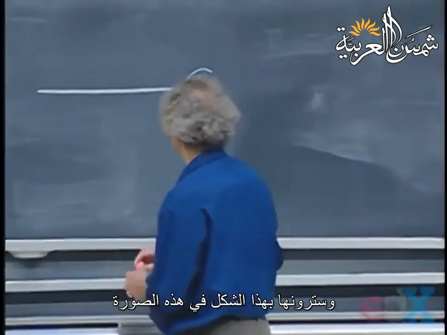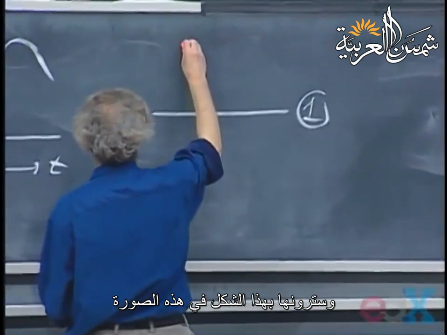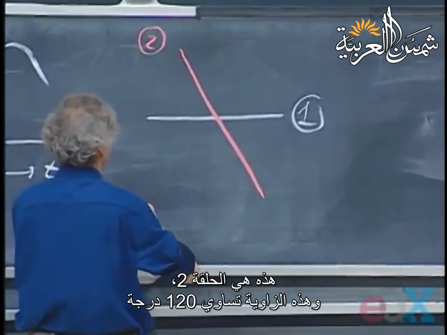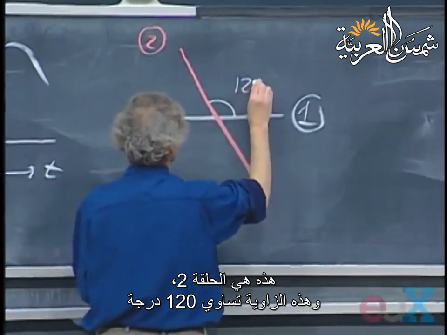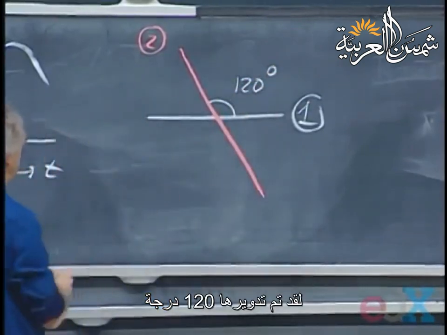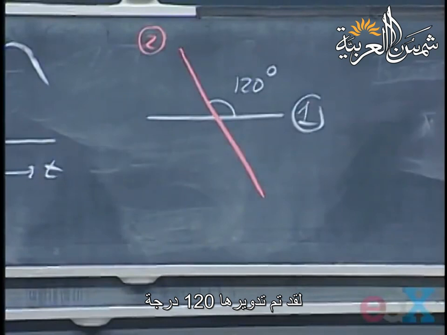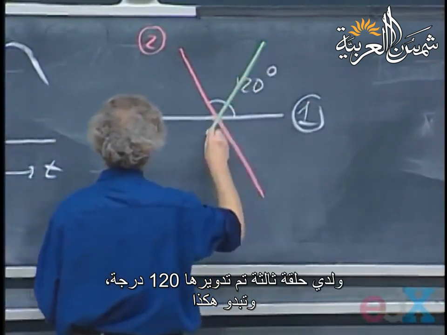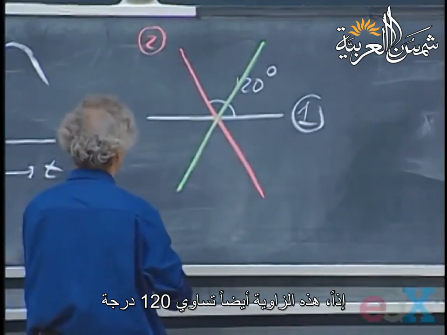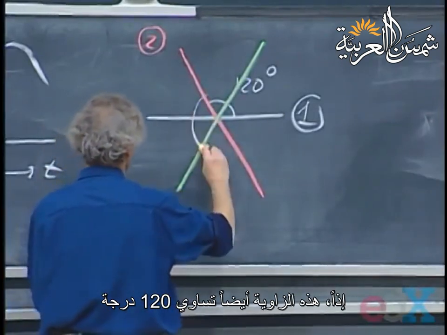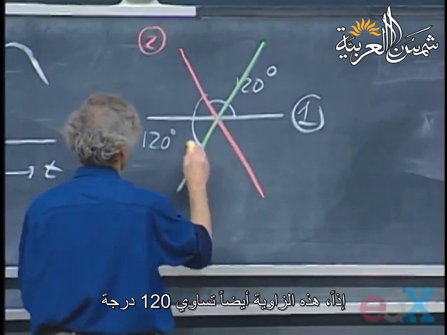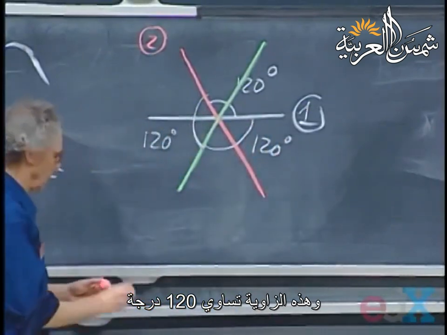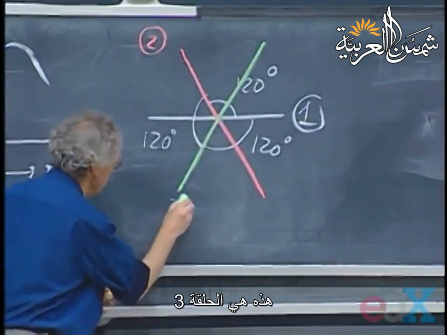And so in this picture, you will see it like so. Loop number 2, and this is 120 degrees physically rotated. And then I have a third one, which is again 120 degrees rotated. And so this angle here is also 120 degrees, and so this angle is 120 degrees. And this is my loop number 3.